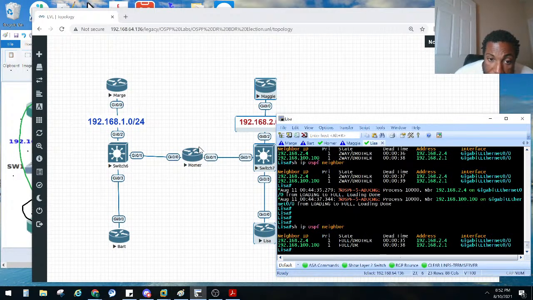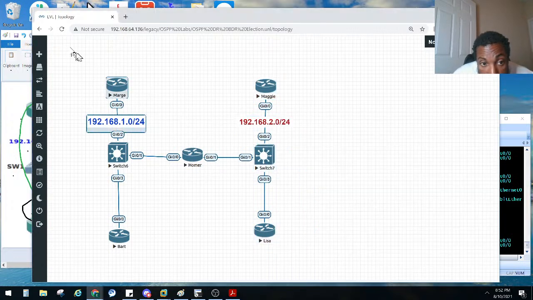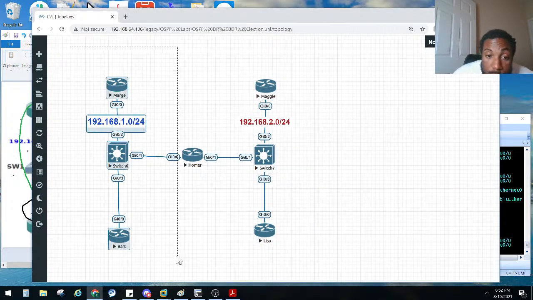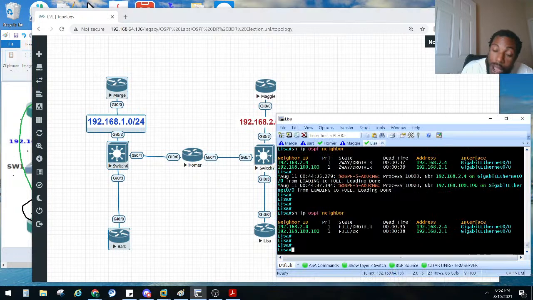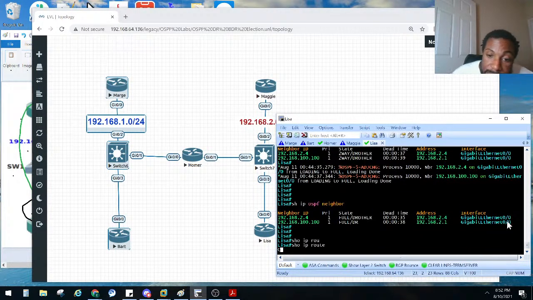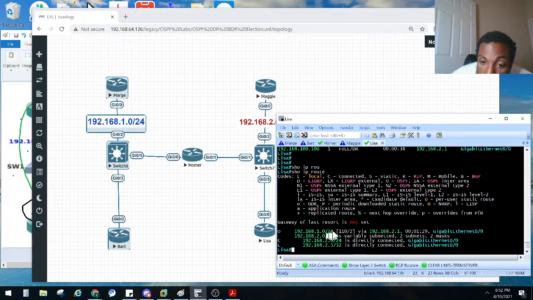So he only got neighbors with Homer, but Homer has knowledge about this network right here. That is why, because if we look at the routing table with show IP route, that's how we know how to get to the 1.0 network. We learned it through OSPF. So no, we did not put the 1.0 network statement. Morningstar, really good question. I like that question.